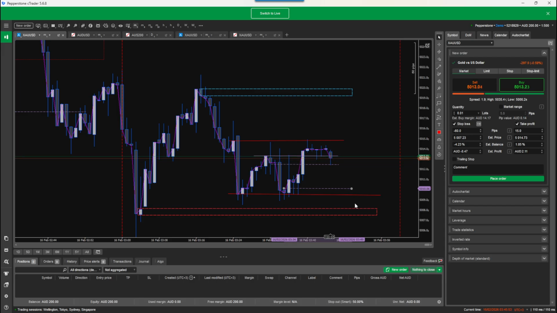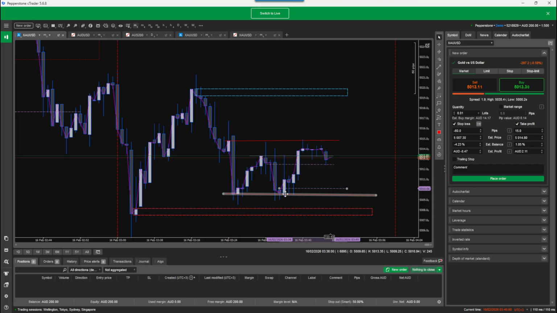We don't really have much of a pattern here. We got a point of origin down here. We don't really have a break to the top. So we really got price consolidating down in this little pocket. It's Monday morning.